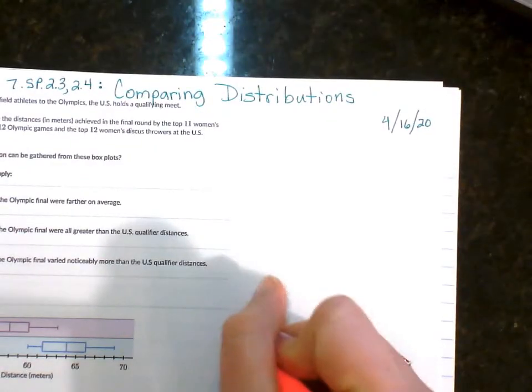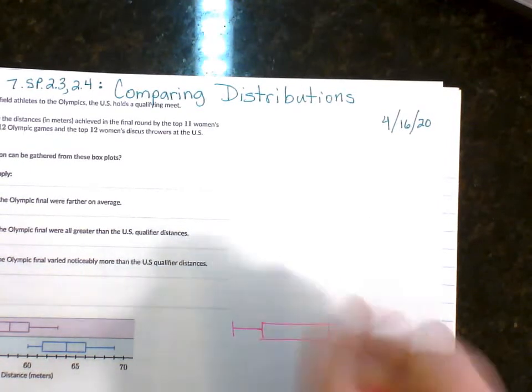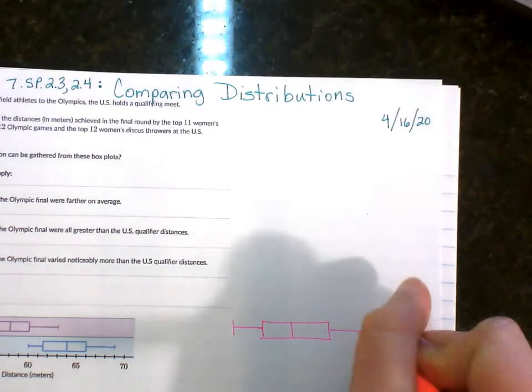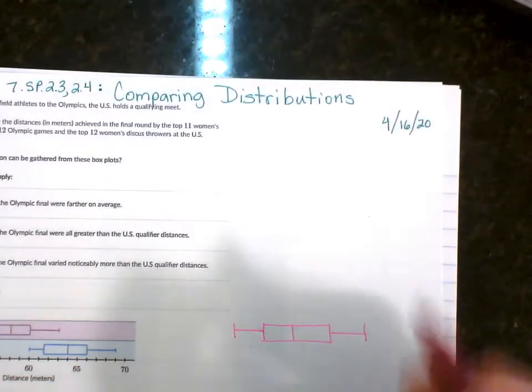Now, just a review for y'all, on box and whisker plots. I know these don't look exactly like the ones over there because they're skewed a little bit. This one's not skewed, but this one is.